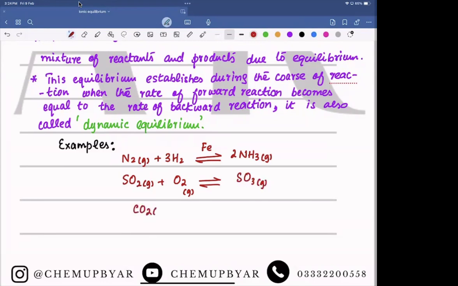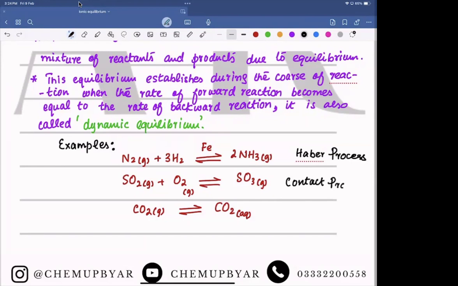And third is the equilibrium of carbon dioxide gas with aqueous carbon dioxide. The first is observed in the Haber process, the second in the contact process, and the third in soft drinks.